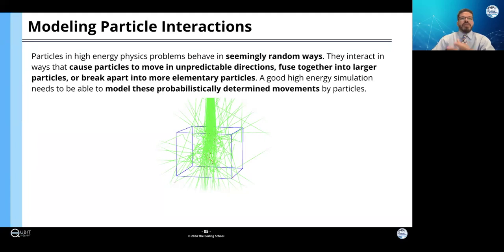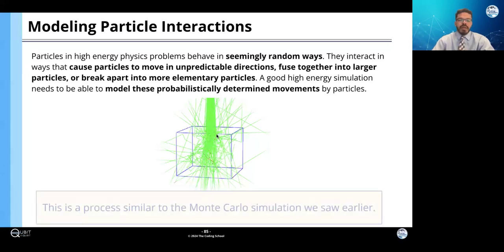You notice some change in the probability, some unexpected excess number of events. And so a good simulation is going to inherently model these probabilistic aspects of particles that have this quantum randomness. It's kind of like a Monte Carlo simulation, right? There's a Monte Carlo type aspect to it.